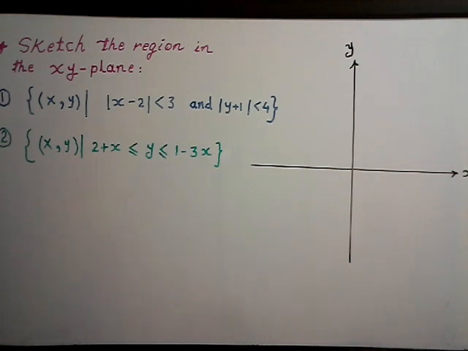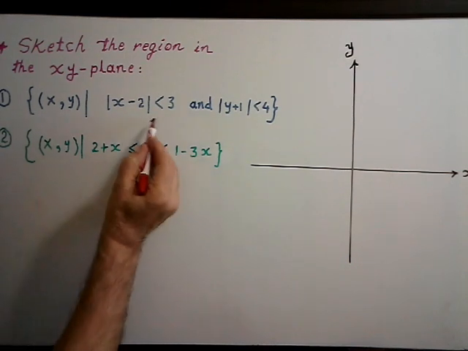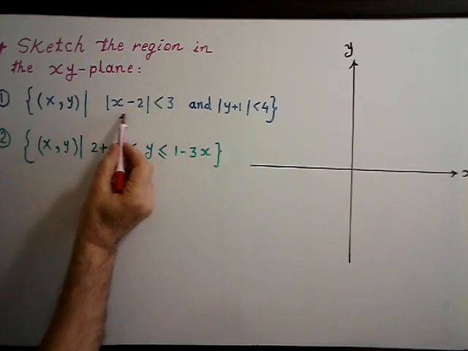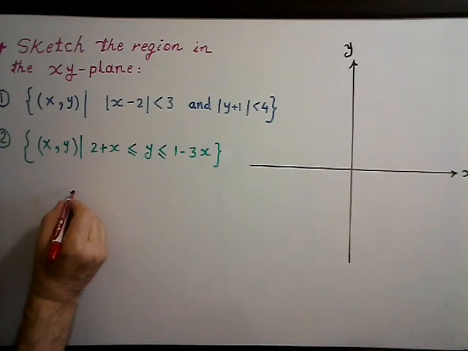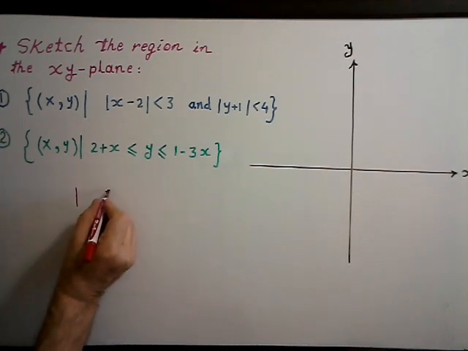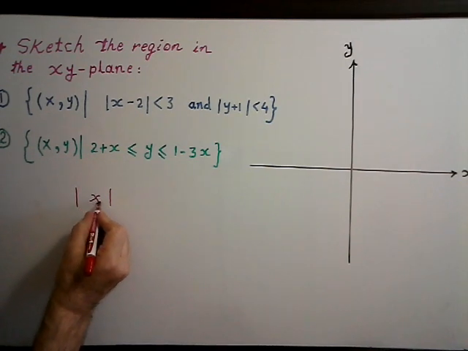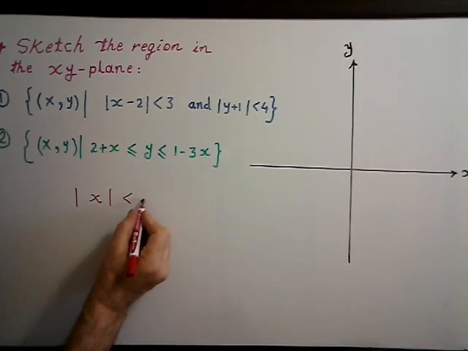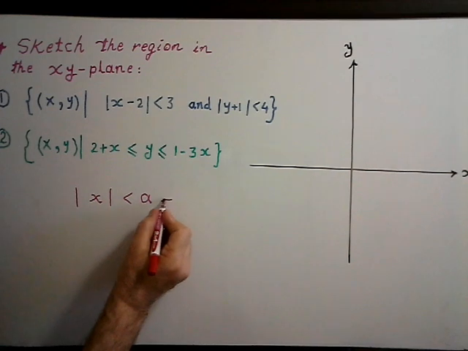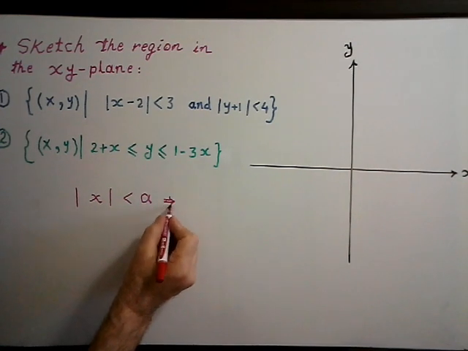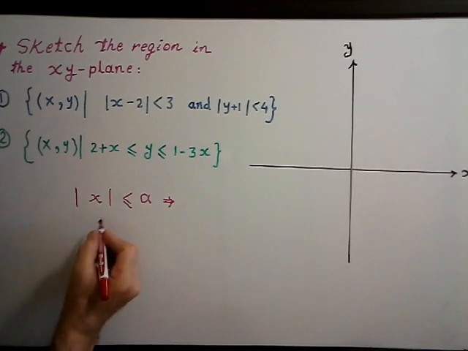First, we start with the definition of this absolute value here. We know when the absolute value of x is less than a, that means, less than or equal, whatever, the same.